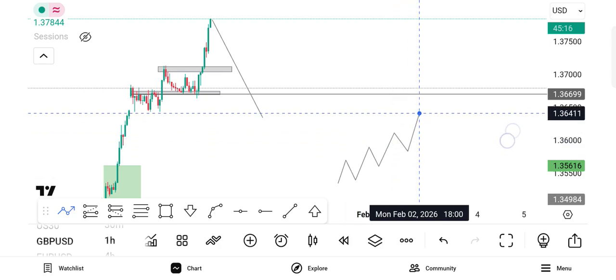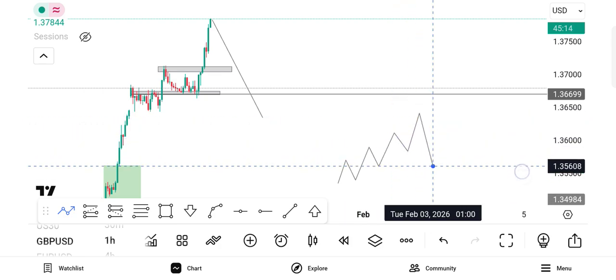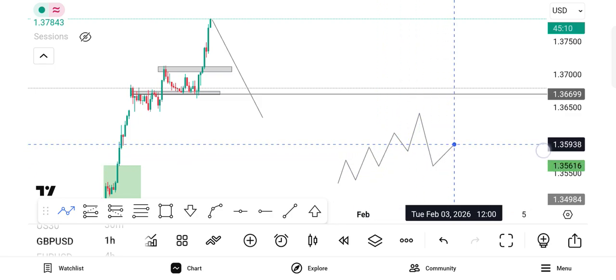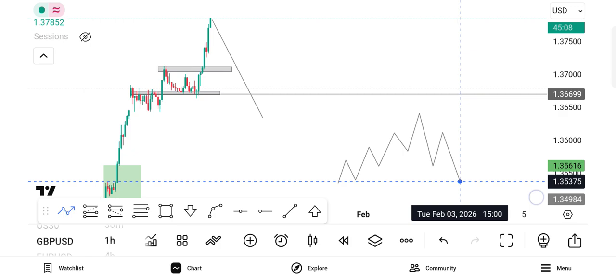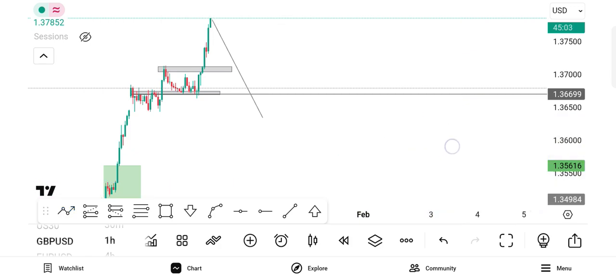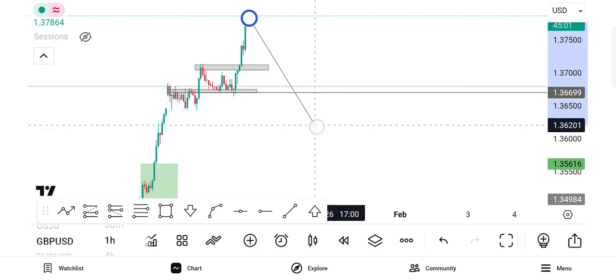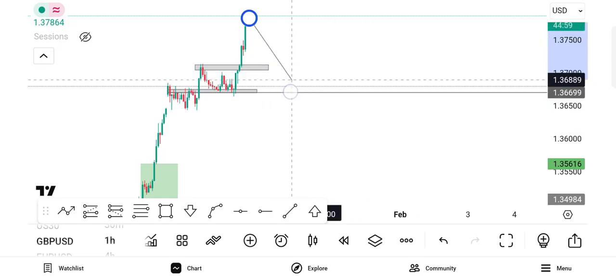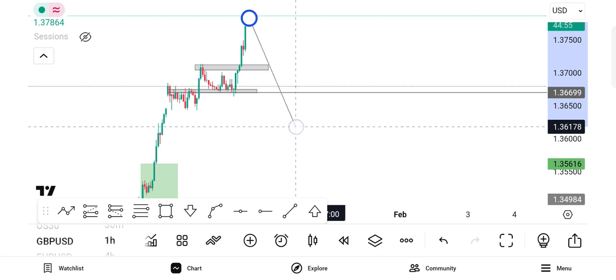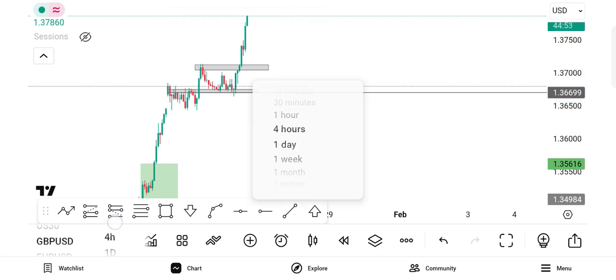Once price breaks the most recent higher low, not just any higher low, then price has automatically turned into a potential bearish trend. So I don't want to see price make a pullback all the way down and break this higher low, because if it does, then we've turned it into a bearish trend.